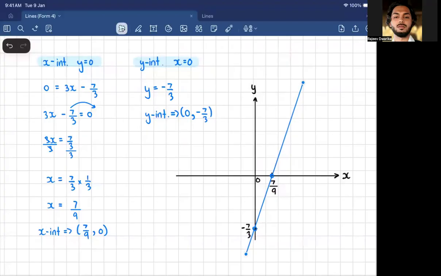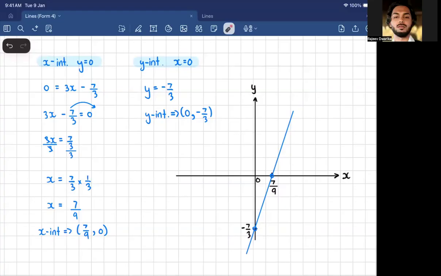If you look at the line now, can you tell me where the line cuts the x-axis? You can see it now. Where does the line cut the x-axis? It cuts from negative 7 over 3 to 7 over 9.